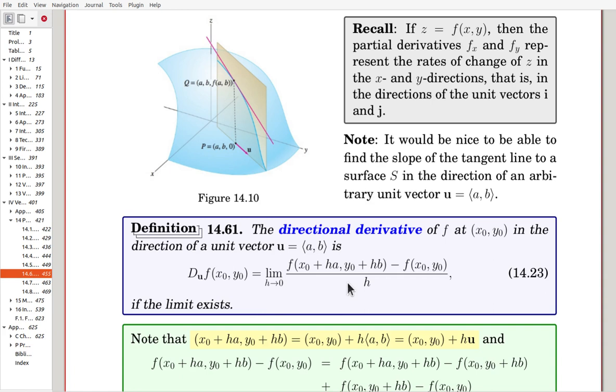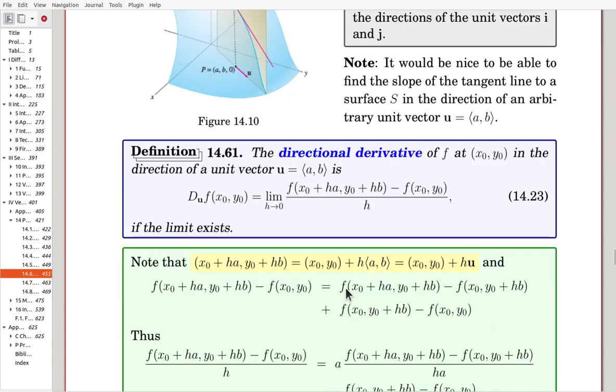Now, for this definition, if we try to use the definition to get the directional derivative, then it may be complicated. So we need a little bit more convenient computational formula. In order to get a convenient formula, we need a little bit of mathematics.